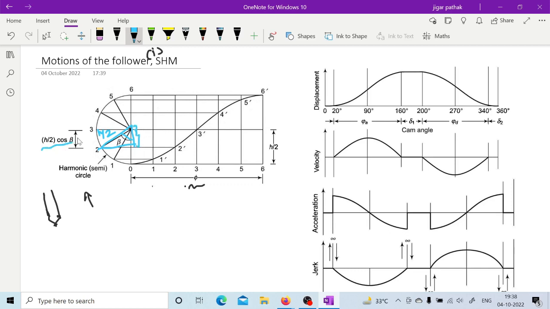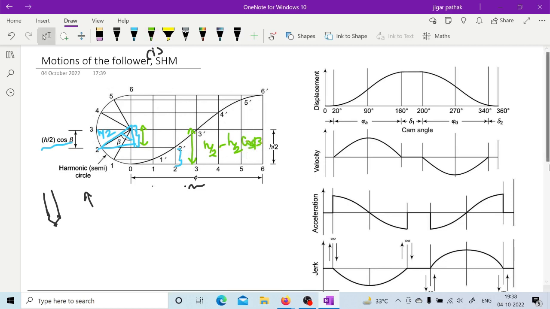At a particular instant, the distance traveled by the follower is h by 2 minus h by 2 cos beta, because this is the full h by 2 and you need to subtract this particular distance from it. That is how you get h by 2 minus h by 2 cos beta.